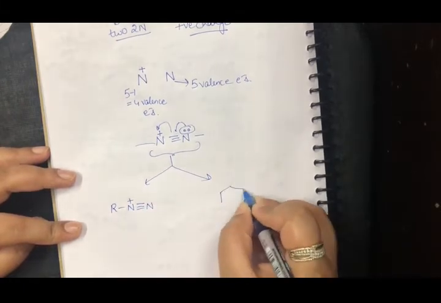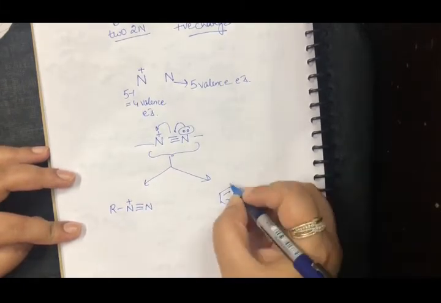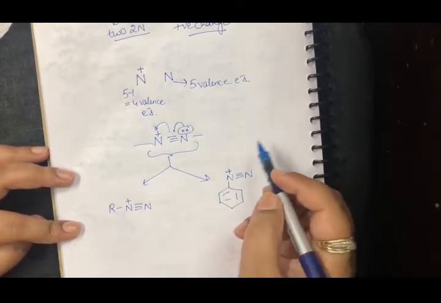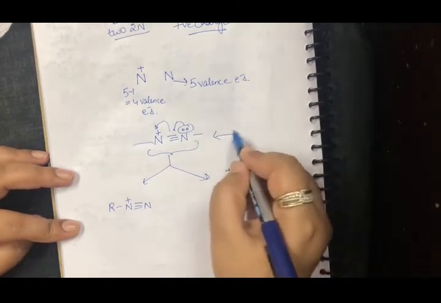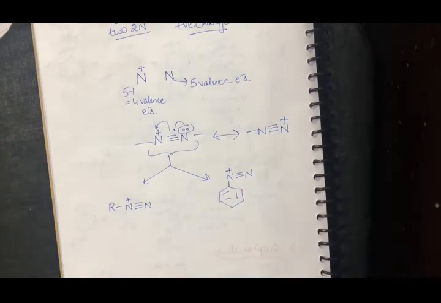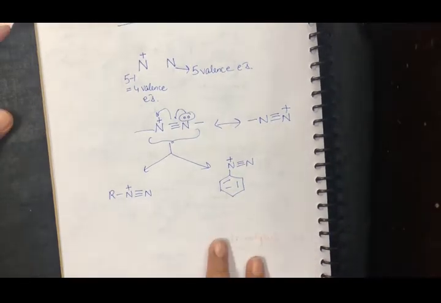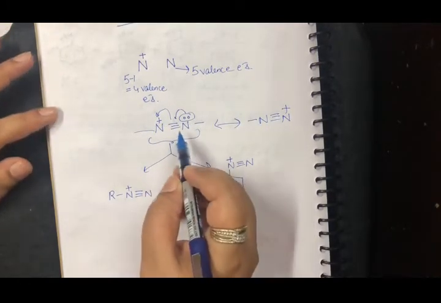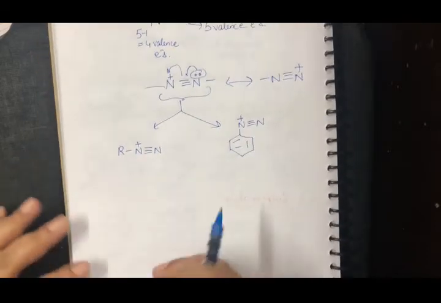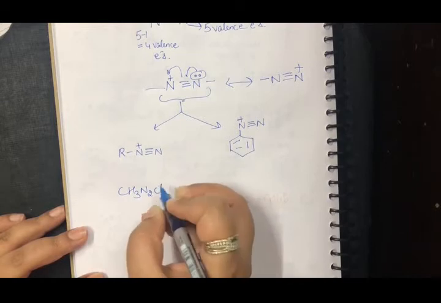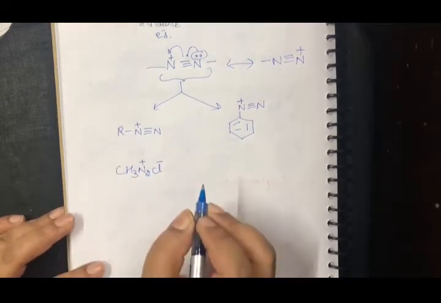And if it is an aromatic diazonium salt, it is going to be like this. So if I make it like this, there would always be a resonance phenomenon going on here. And since it has a positive and a negative charge, this would yield a salt formation, right?